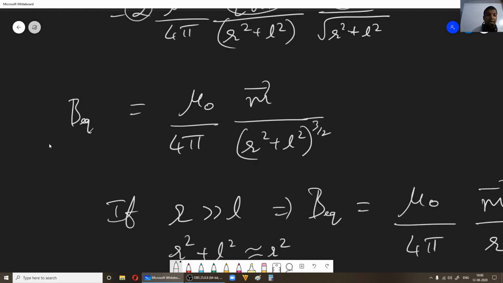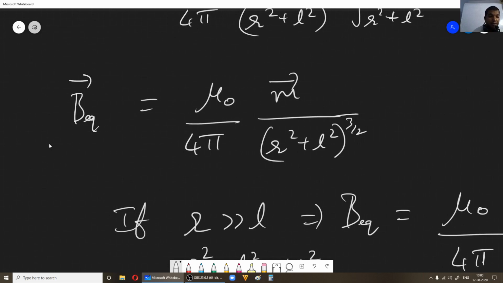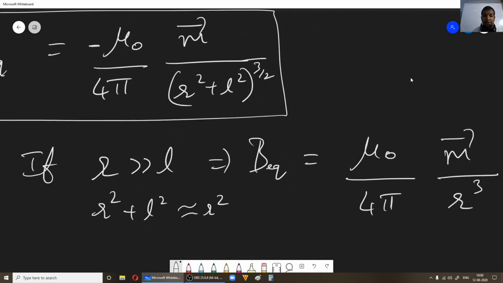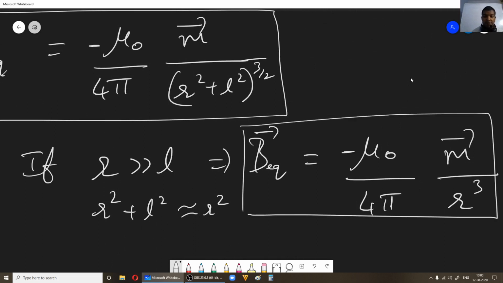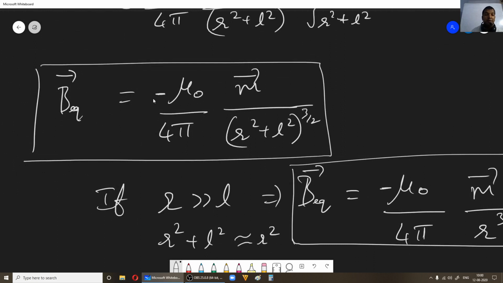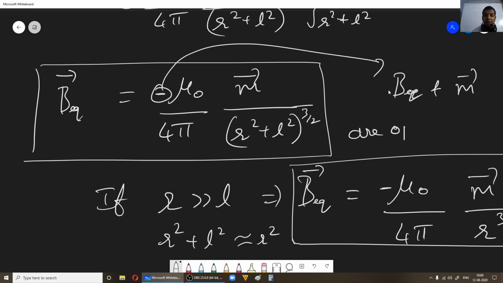Coming to the direction, here you need to consider a negative sign. Keep this in mind, this is important. The negative sign tells you that the equatorial magnetic field B EQ and the magnetic moment M are opposite in direction.